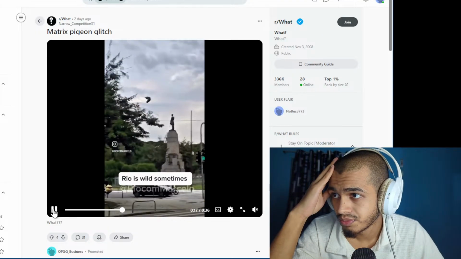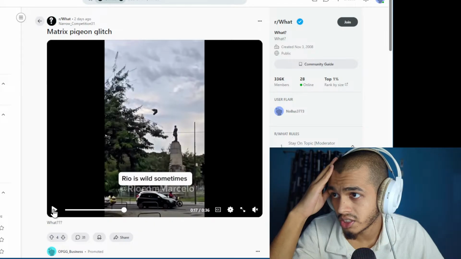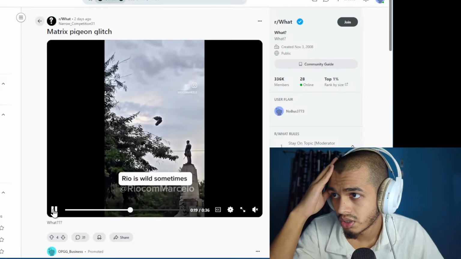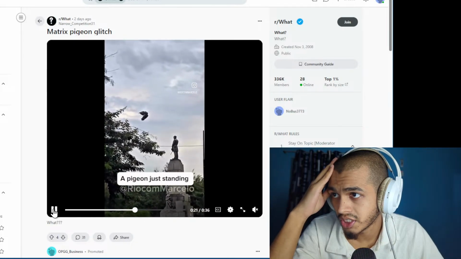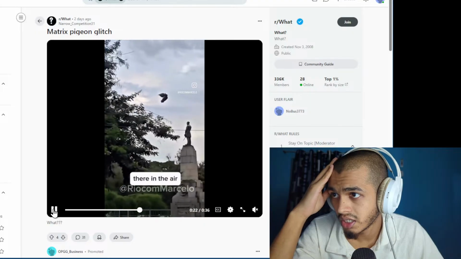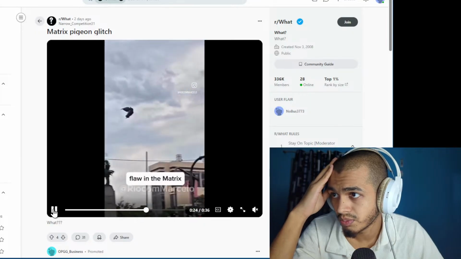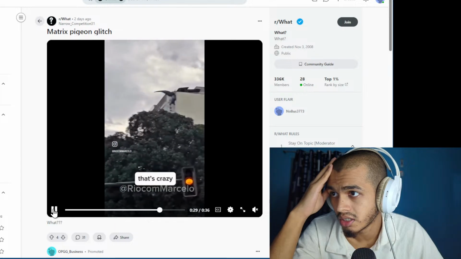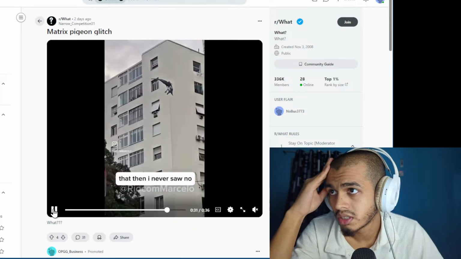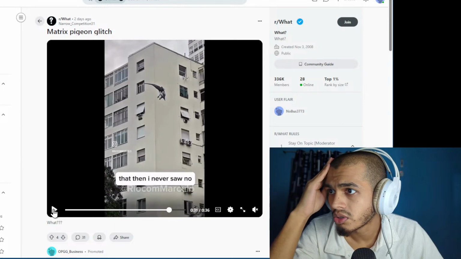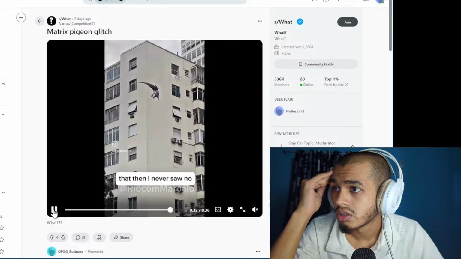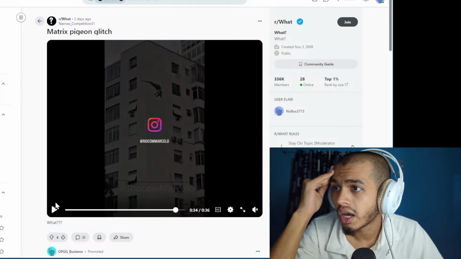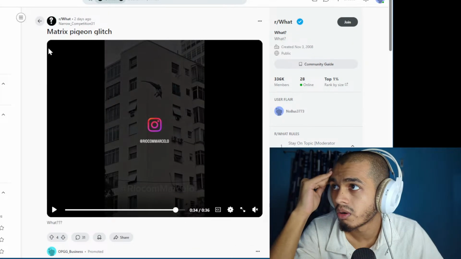Unbelievable. Rio is wild sometimes. A pigeon just standing there in the air. Flaw in this matrix. That's crazy. Oh man, I've never seen it before, bro.